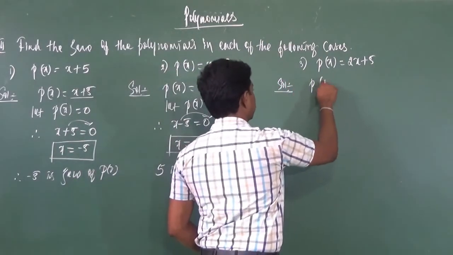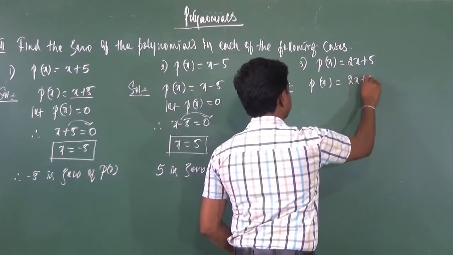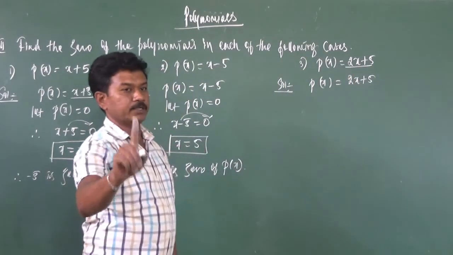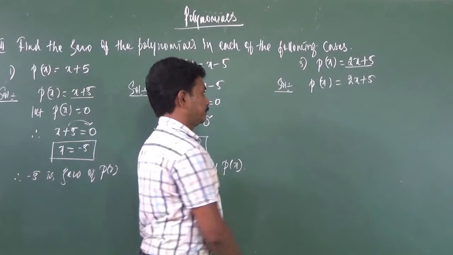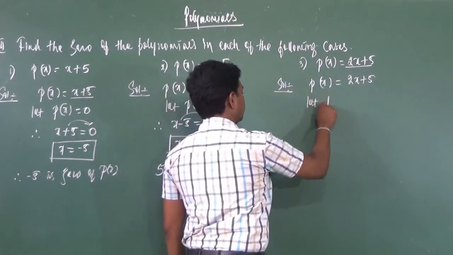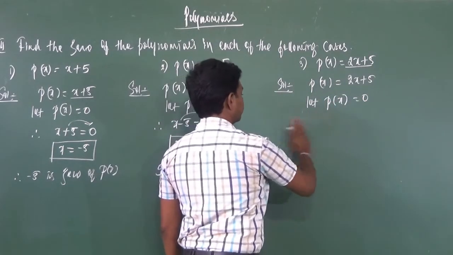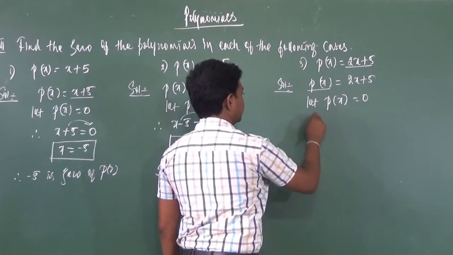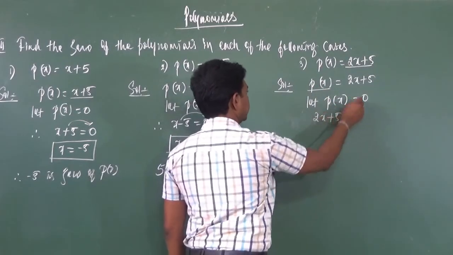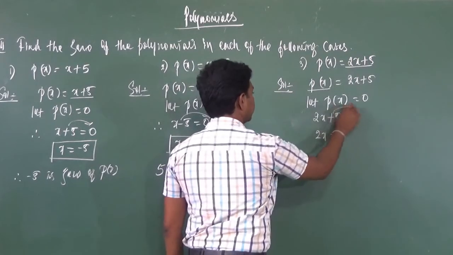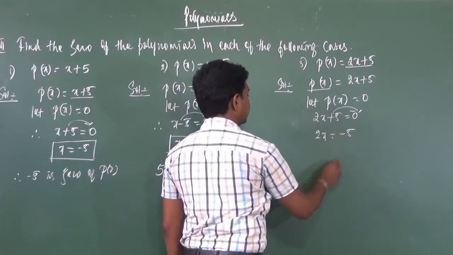Let us get into this. So P of x is equal to 2x plus 5. You please check it. It's a linear polynomial. So therefore, compulsorily you are going to get 1 0. So let P of x is equal to 0. So instead of P of x we can write 0. So therefore 2x plus 5 is equal to 0. 2x is equal to, plus 5 transposes to RHS, it becomes minus 5.